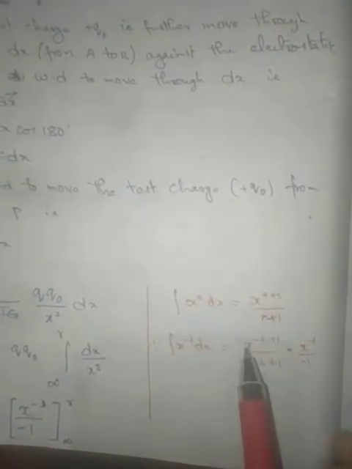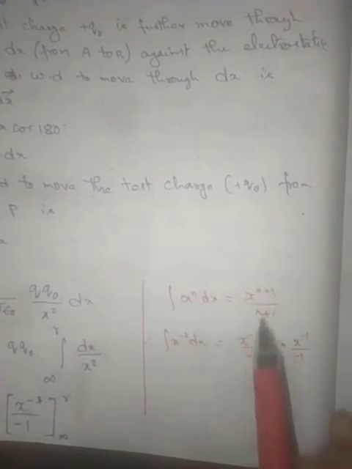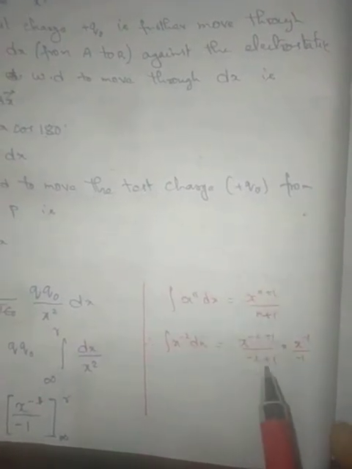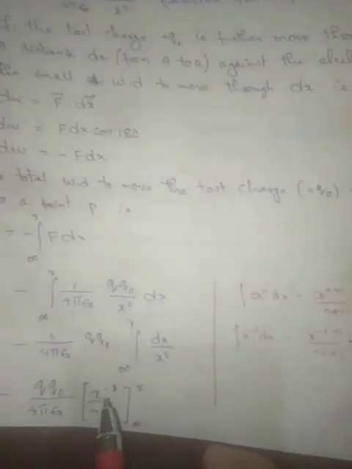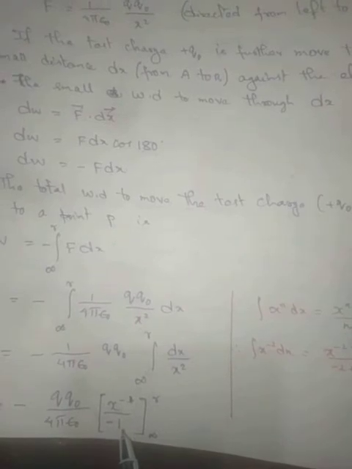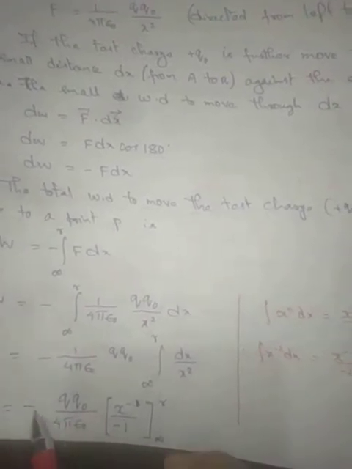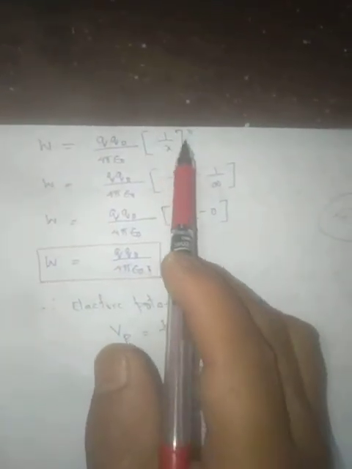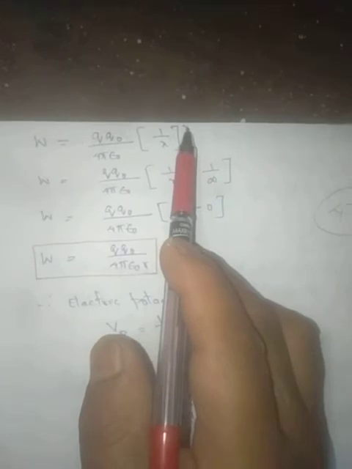Applying this formula, your n is minus 2, so you'll get x to the power minus 2 plus 1 by minus 2 plus 1. Minus 2 plus 1 is minus 1, so you will get x to the power minus 1 upon minus 1. Now this minus 1 I'll take out, and if you multiply with the minus sign it becomes plus, so you'll have q naught upon 4 pi epsilon naught times 1 upon x, and the limits of integration are from infinity to small r.